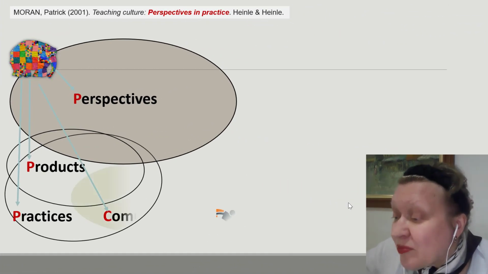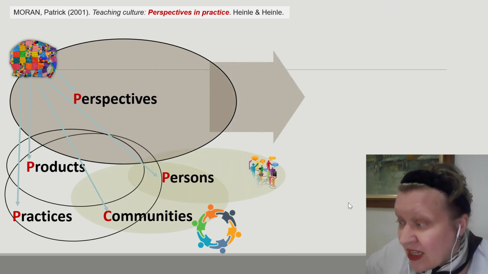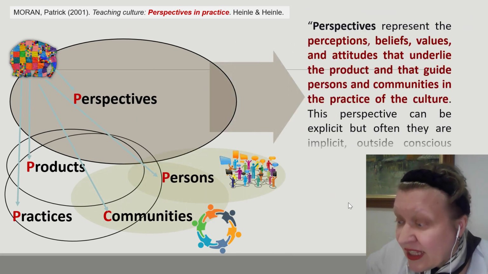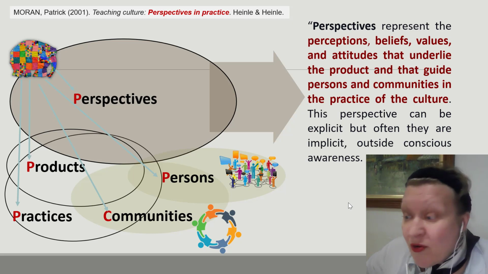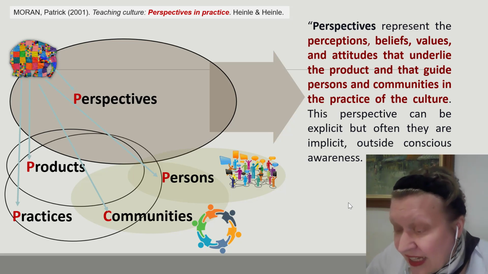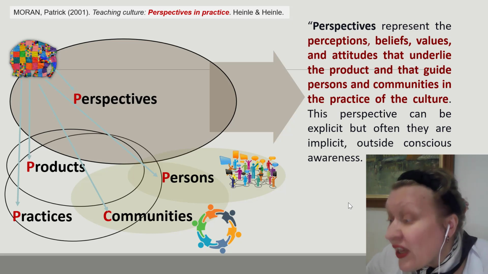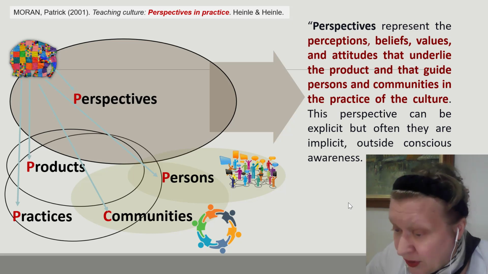Patrick Moran, who completed the PPP model with two additional aspects, communities and persons, defines perspectives in the following way. Perspectives represent the perceptions, beliefs, values, and attitudes that underlie the product and that guide persons and communities in the practice of the culture.